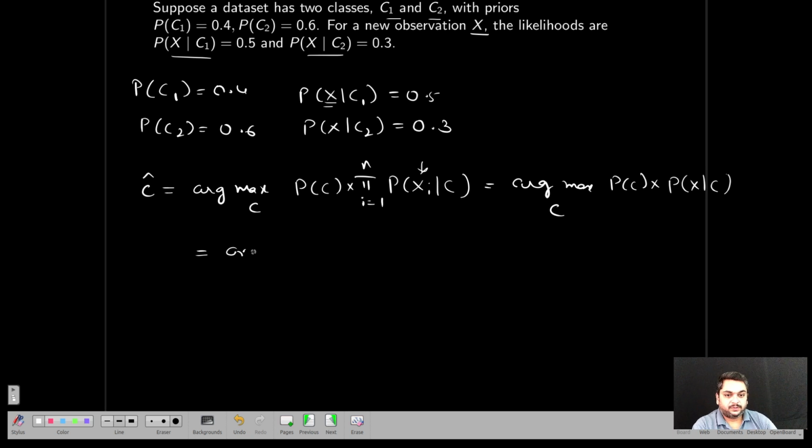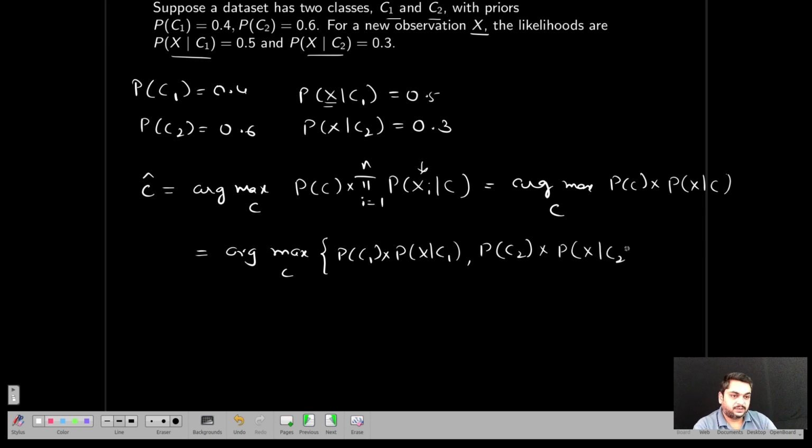So there are two arguments here. For class 1, P(C1) times P(x given C1), and for class 2, P(C2) times P(x given C2). This is the score for class 1, and this is the score you calculate for class 2.